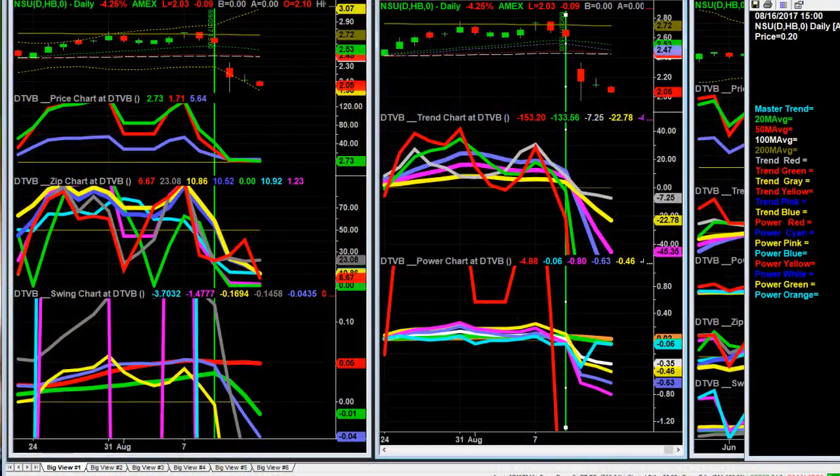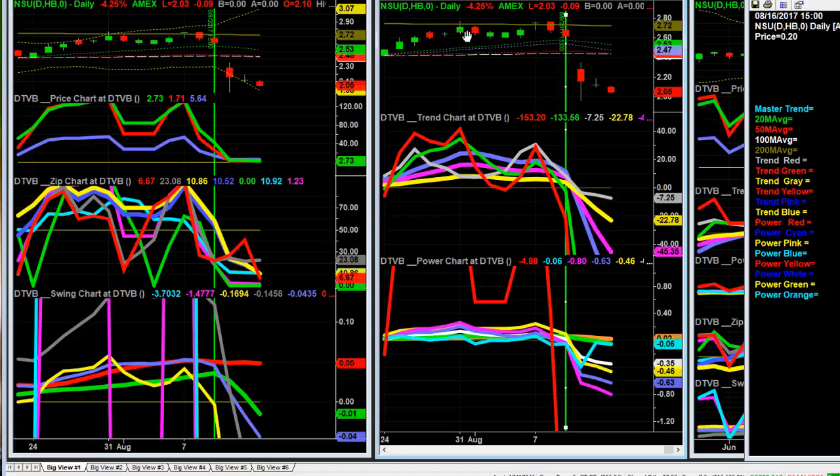In this first example that I've got here, the vertical green line shows us that we have a red candle, and we're in a second peak, and by that I mean you can recognize divergence on that peak.